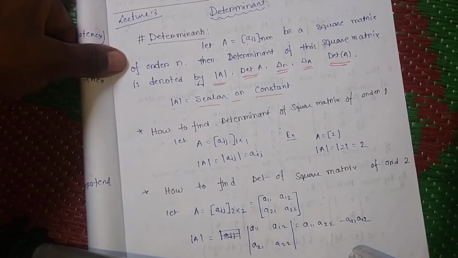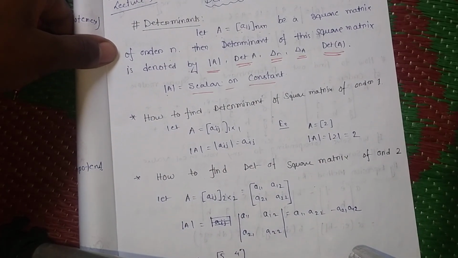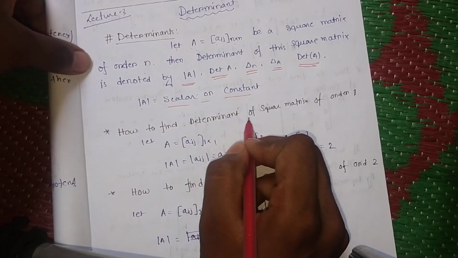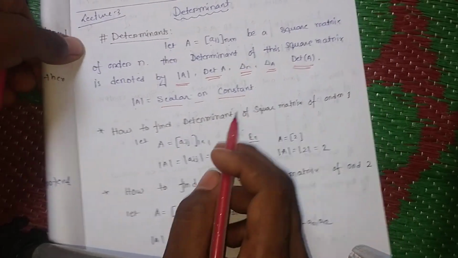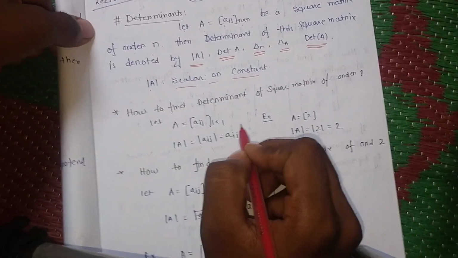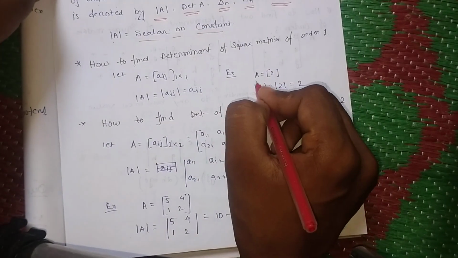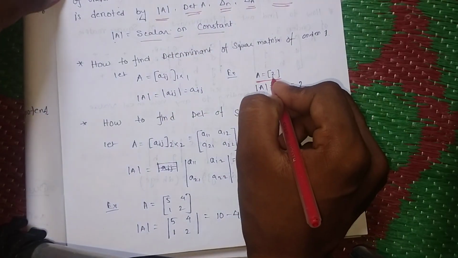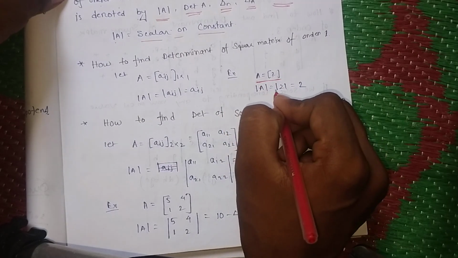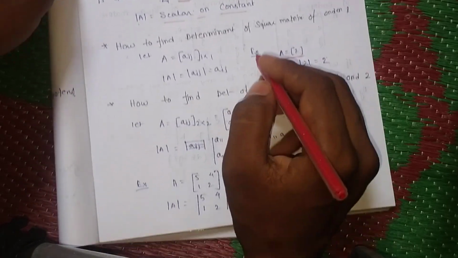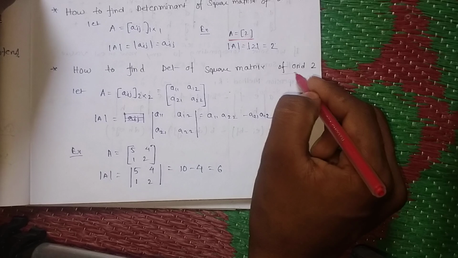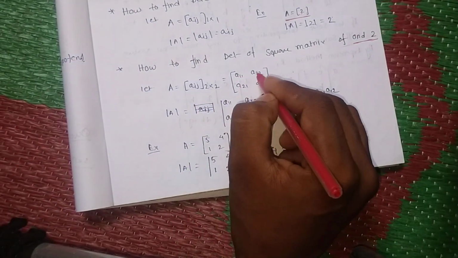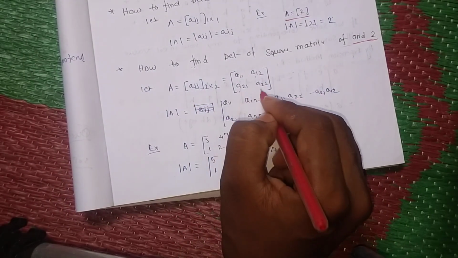Now, how to find the determinant of a square matrix of order 1? If a matrix of order 1 has any element, any number, say 2, then the determinant of 2 is equal to 2. But for a matrix of order 2, it is a11, a12, a21, a22.